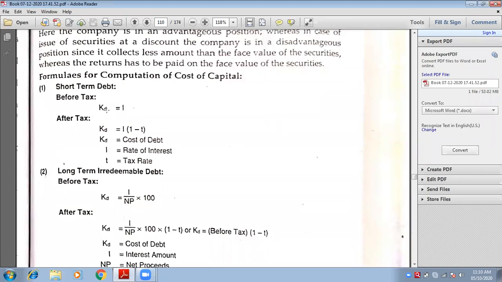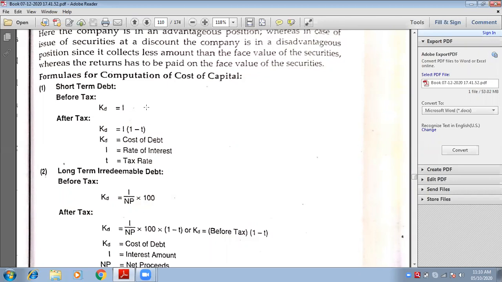Its symbol is K. Now you will say, ma'am, K is not used anywhere in the spelling of cost of capital. No, that's not necessary. K is the symbol of cost of capital. D stands for debt. So how will you pronounce KD? Cost of debt capital.